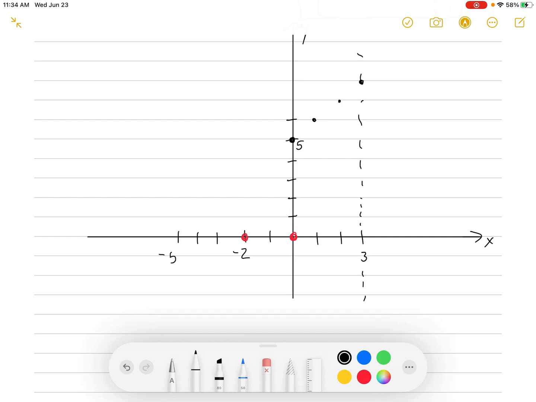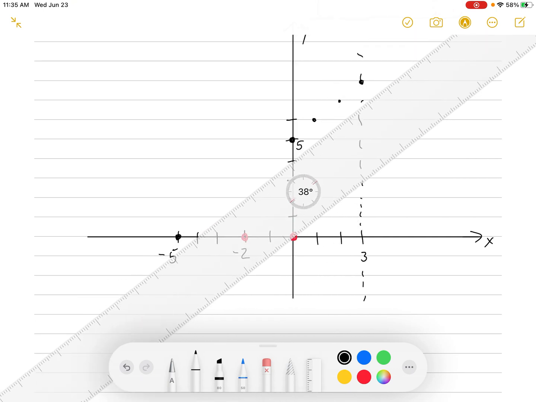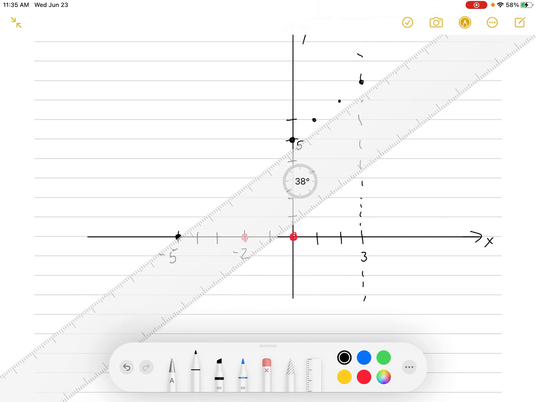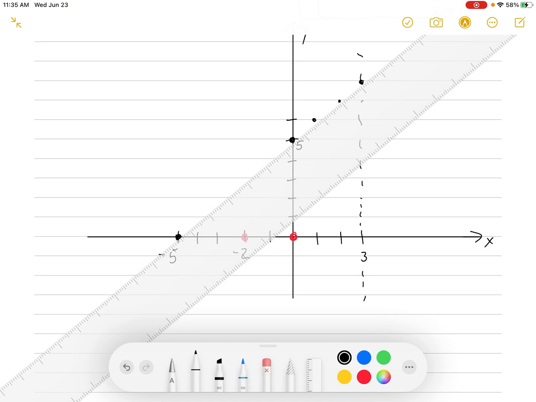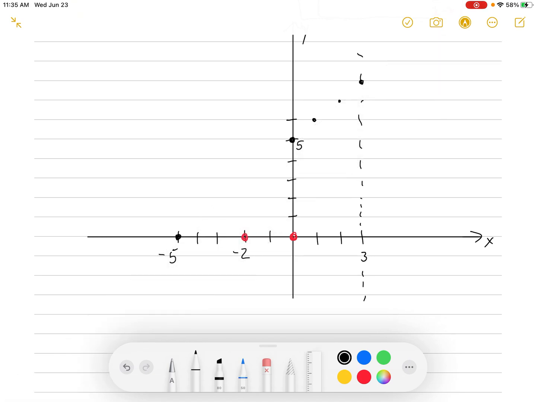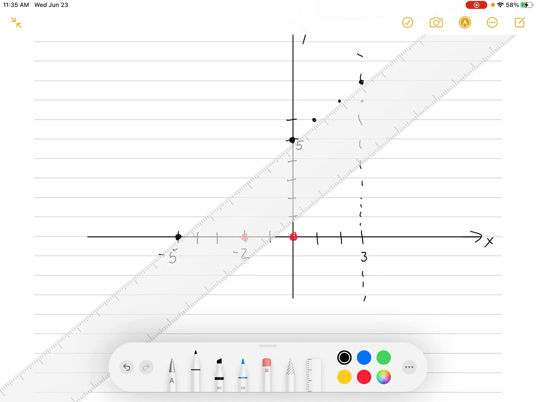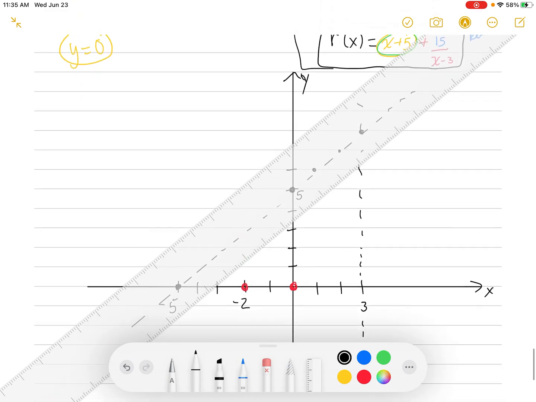Up 1, over 1. You can go down 1, left 1, and so on and so forth. So you're going to get this slant asymptote here.